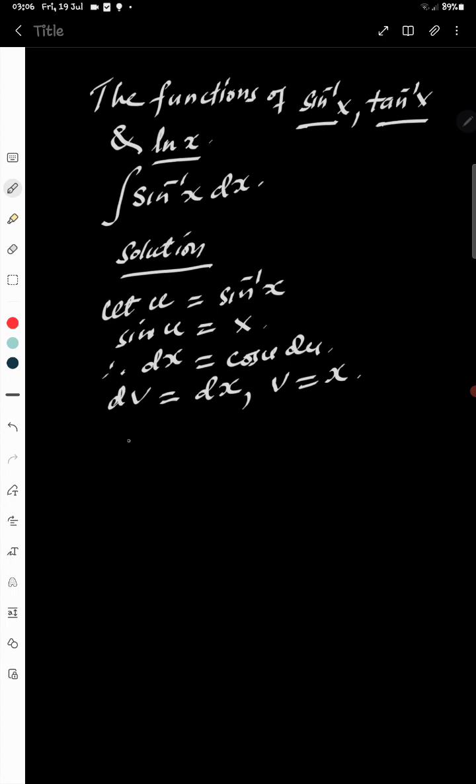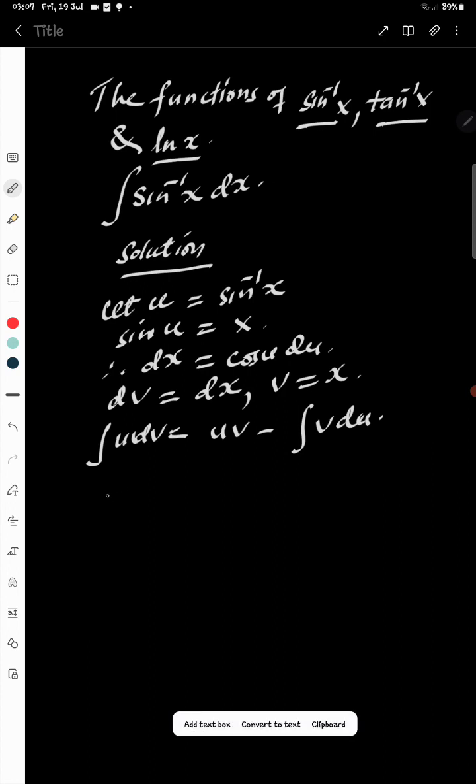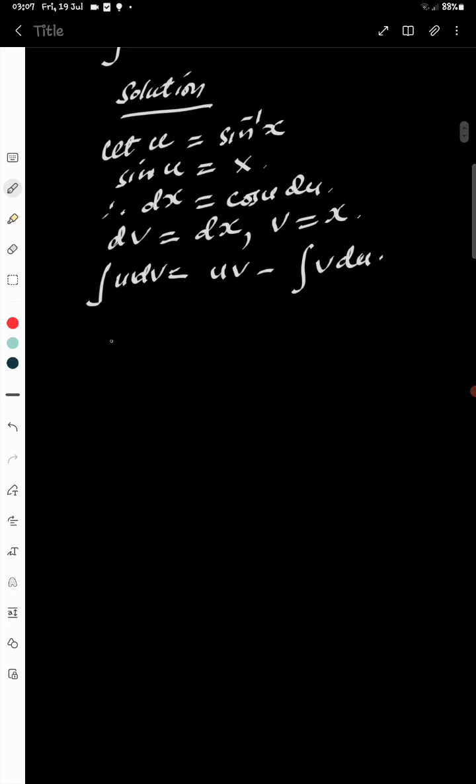From the integration by parts formula, we have integral of u dv is equal to uv minus integration of v du. In our case here, u is equal to sine inverse of x and v is equal to x.